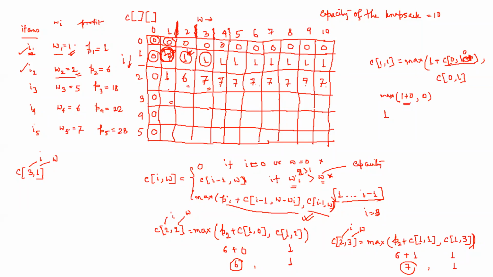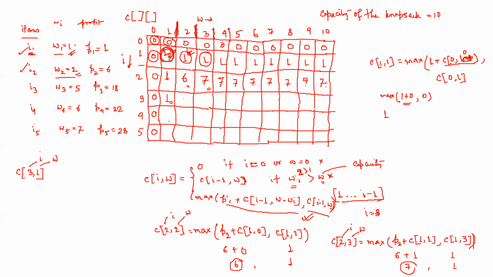If you apply the same equation, you will get that this value is 1. Now if the capacity of the knapsack is 2 and I have items 1, 2 and 3, then what will be the value?